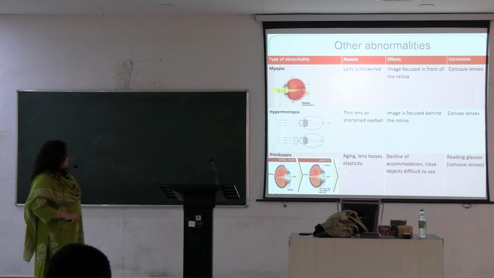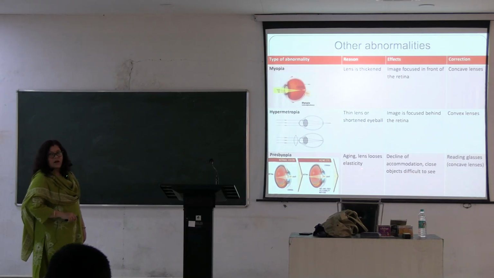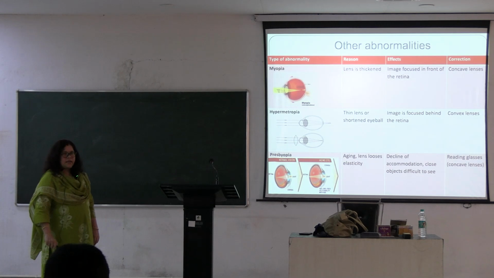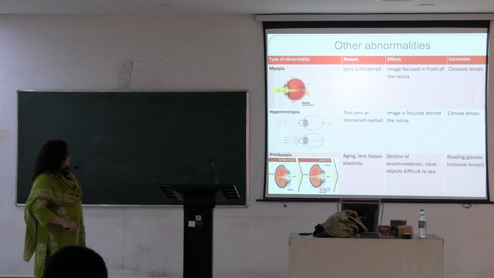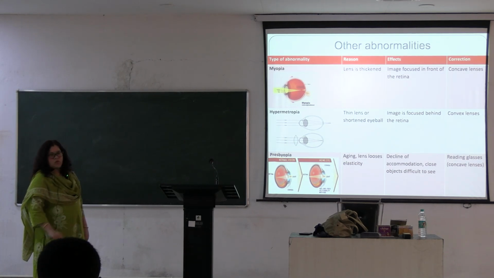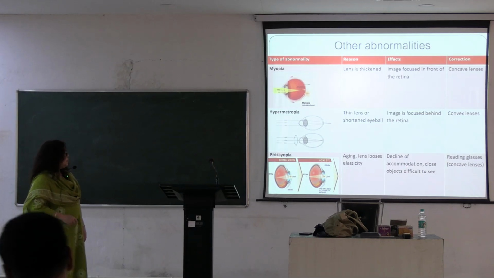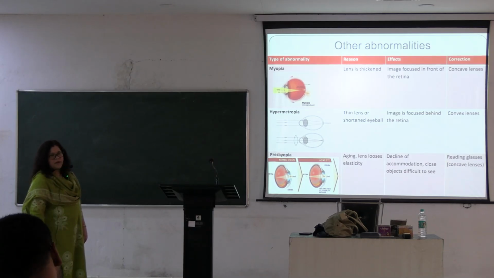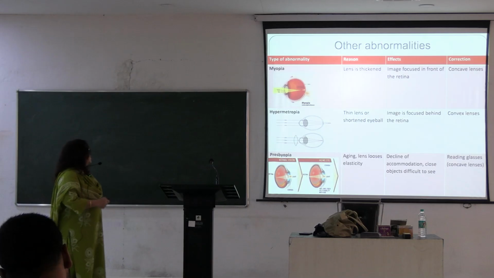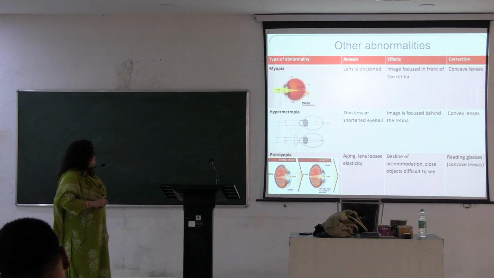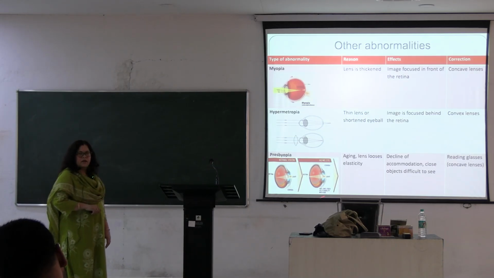The patient finds difficulty focusing on near objects, but can clearly see distant objects. So the patient only feels difficulty when seeing near objects, reading, or doing fine near work, and it is treated by convex lenses. So these are the refractive abnormalities: myopia, hypermetropia and presbyopia.